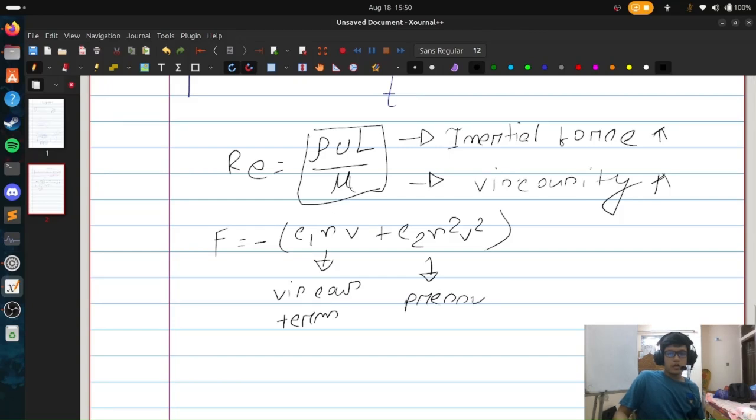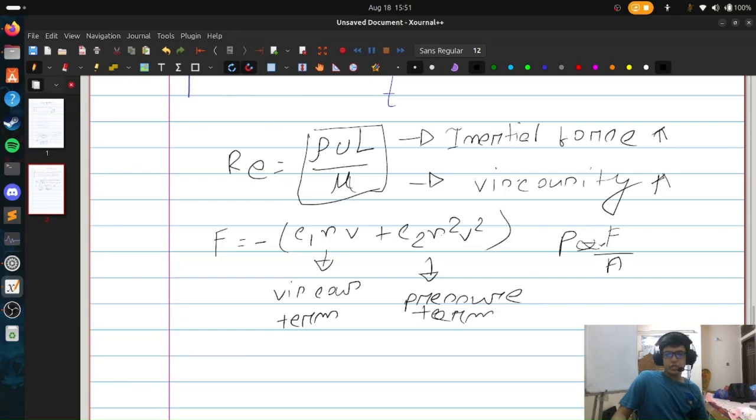And now you might ask, why is it a pressure term? Think of it like that. Pressure is equal to force by area. The pressure is inversely proportional to the area.